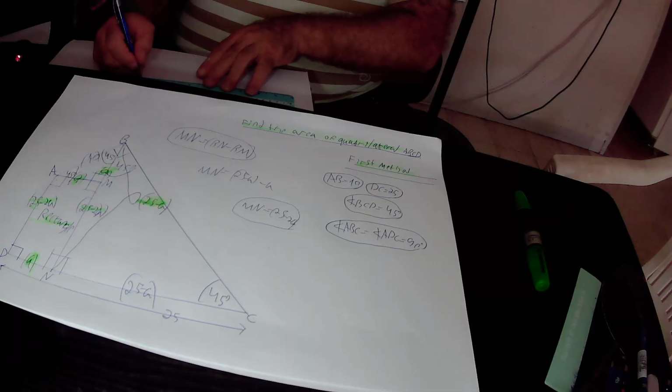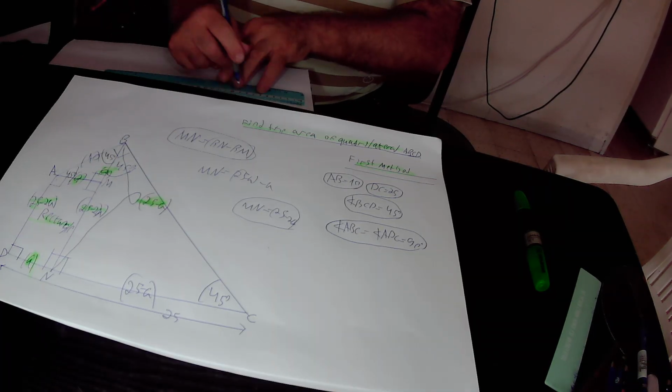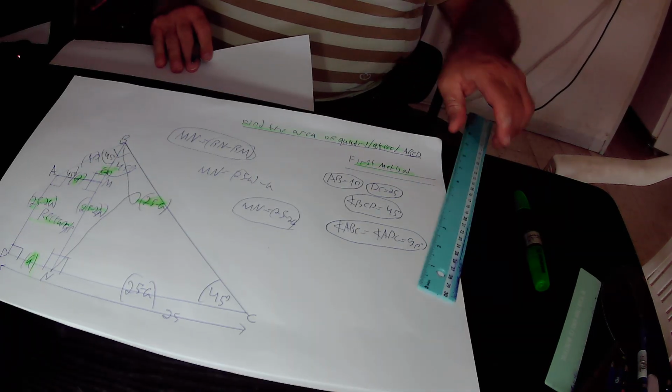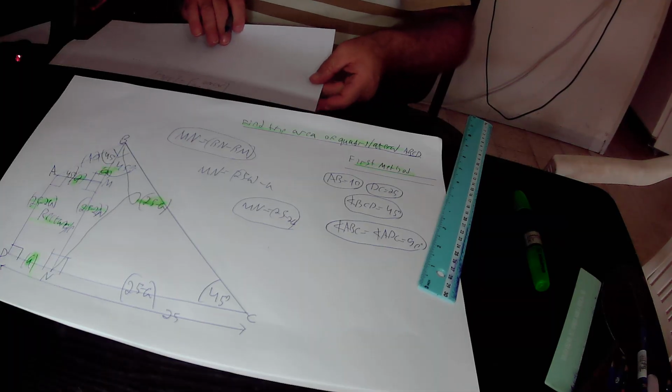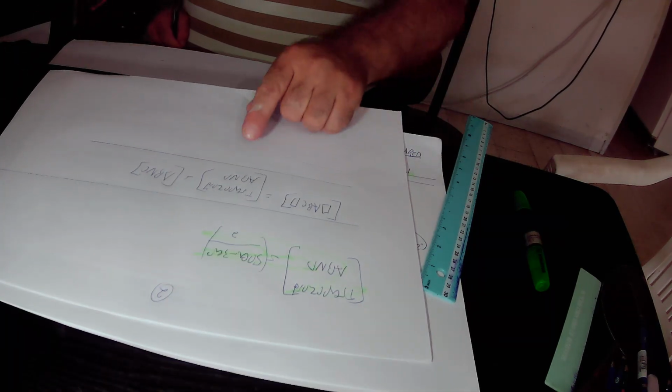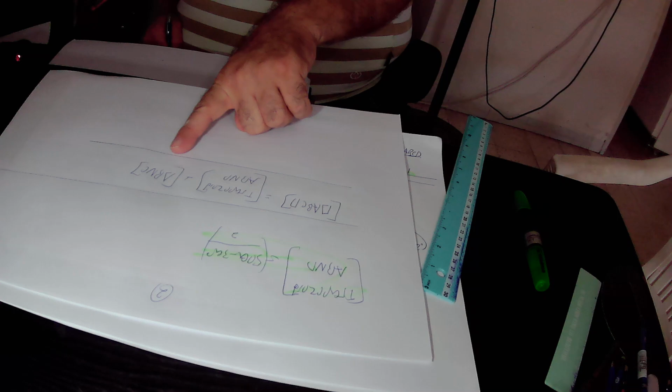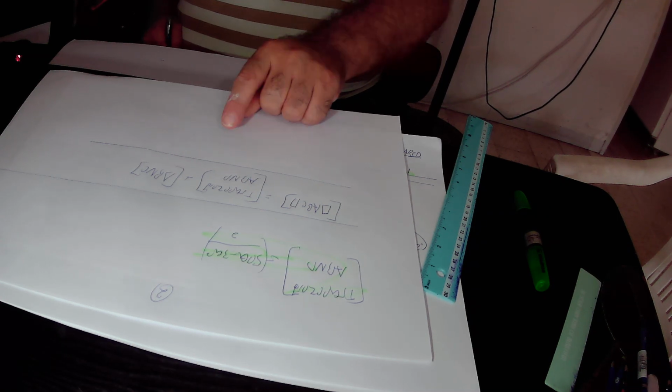But again, we should find out that the area of this quadrangle ABCD in total equals the area of trapezoid ABND plus the area of the right triangle BNC.